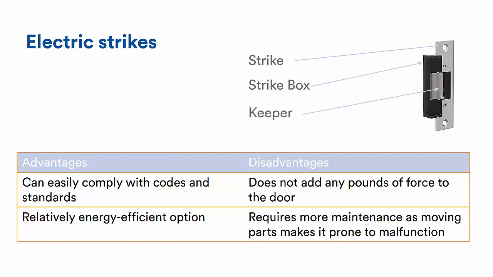Now, electric strikes can be used for many types of applications, including interior control, perimeter control, stairway control, elevator control, and fire exits. So it easily can comply with codes and standards. However, electric strikes don't add any pounds of force to the door, and with all the small moving parts like the keeper and the strike box, it makes it prone to malfunction.